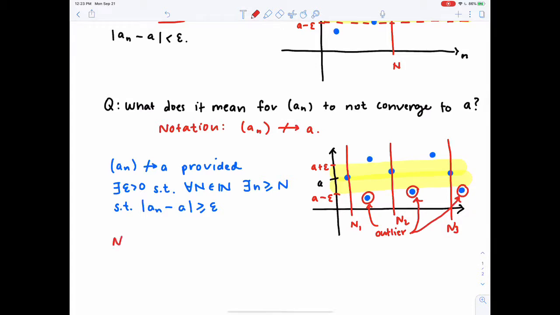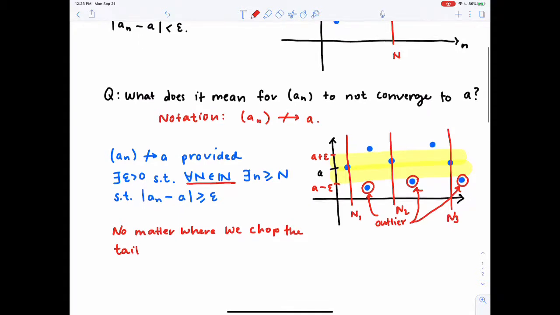So no matter where we chop the tail, that's like saying for all capital N in the natural numbers, which is our choice of tail.